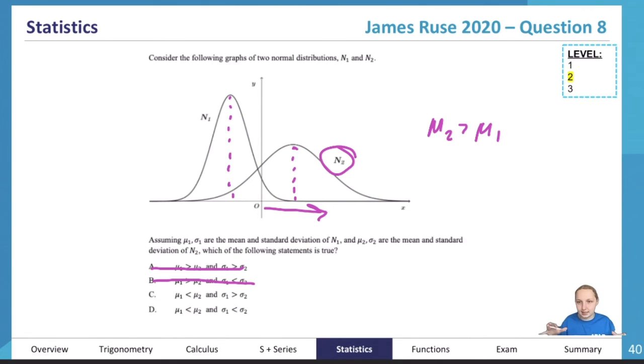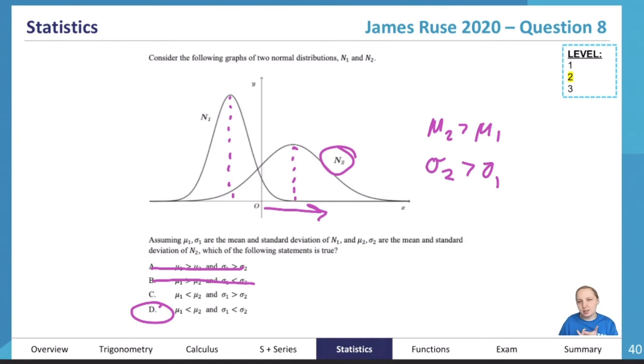So how flat is the graph? The more flat it is, the higher its standard deviation is going to be. So we can see our N2 is more flat than our N1. So therefore, our standard deviation 2 is going to be greater than our standard deviation of 1. So then that leaves us with D as our answer to this question.